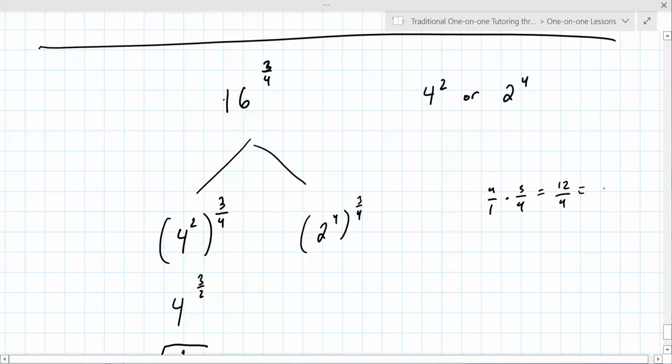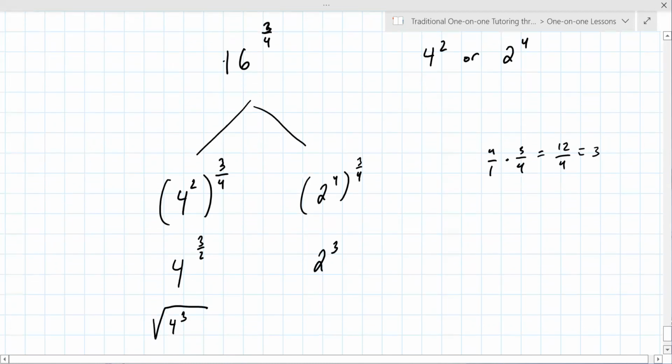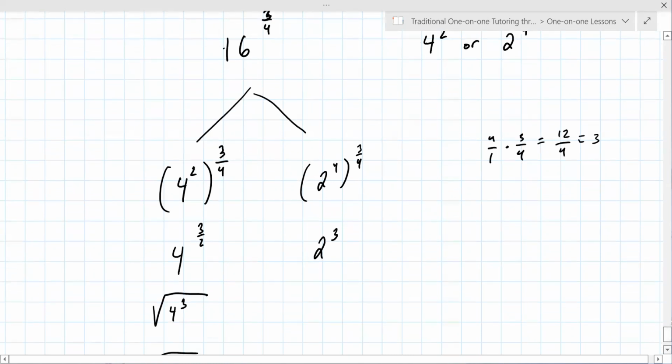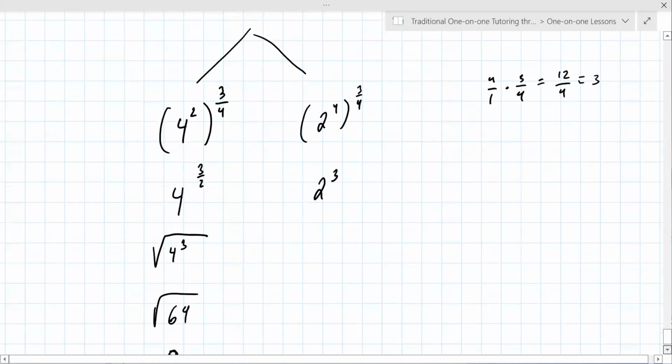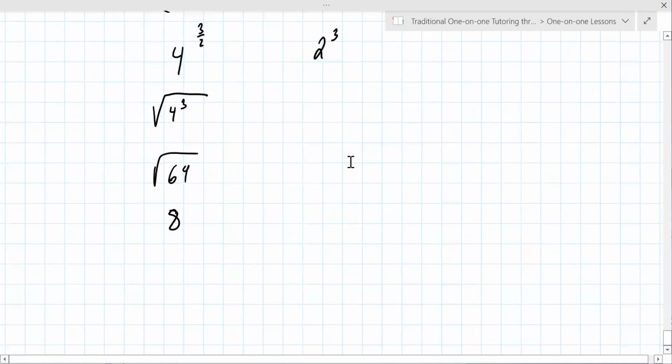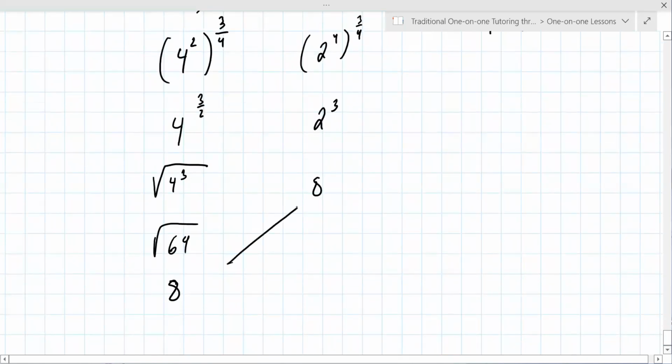But what does that reduce to? Oh, it reduces down to 3. Yes. So this becomes 2 to the power of 3, which is 2 times 2 is 4 times 2 is 8. Yep. They're supposed to be the same.